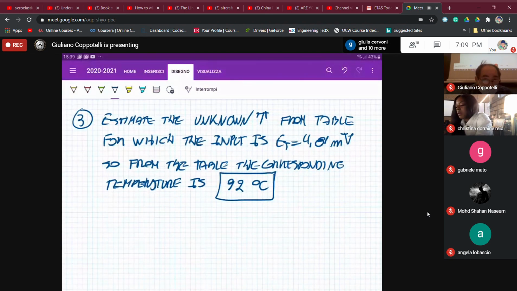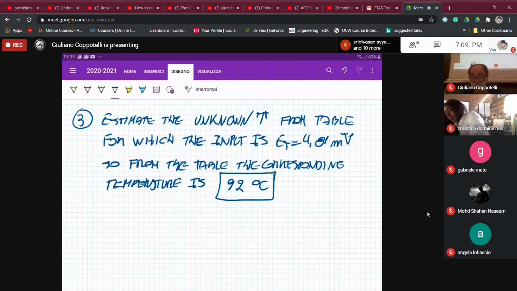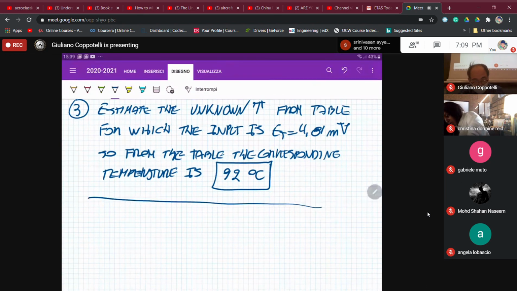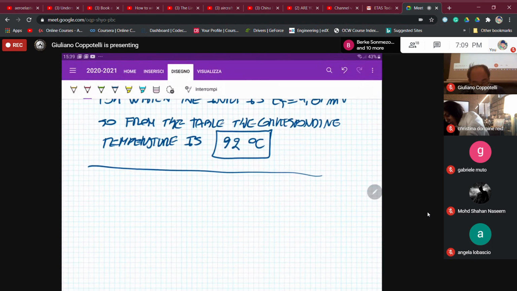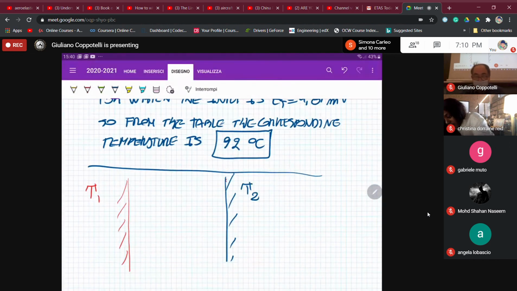Now let's see what we can do if we would like, for example, to increase the sensitivity of the thermocouple. Let's see one example. We have a wall at temperature T1, and then we have another wall at temperature T2.